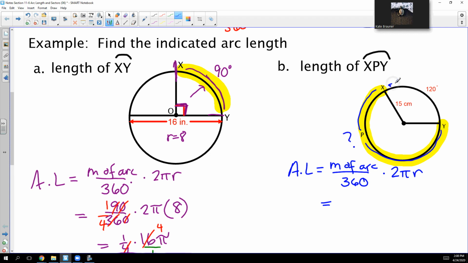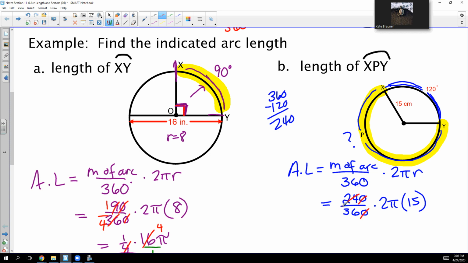So if this minor arc XY is 120, and these two arcs make up the whole circle, then 360 minus 120 is 240, and that's the measure of arc XPY. And our radius is 15, and then we're going to cancel. We can cancel out the zeros and divide by 12 and get 2, divide by 12 and get 3.